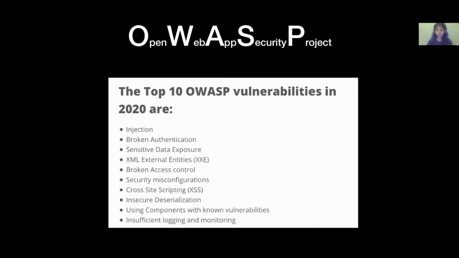The top 10 OWASP vulnerabilities are as follows. Injection, which some of you would already know, is the oldest, most feared, and most popular of the vulnerabilities which could be exploited by the attackers.